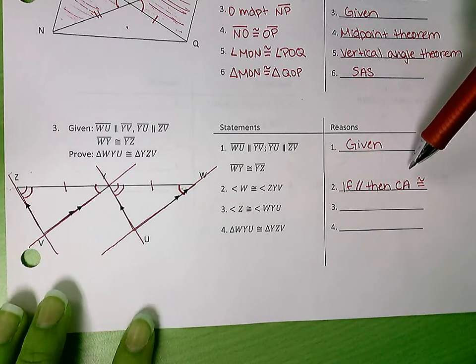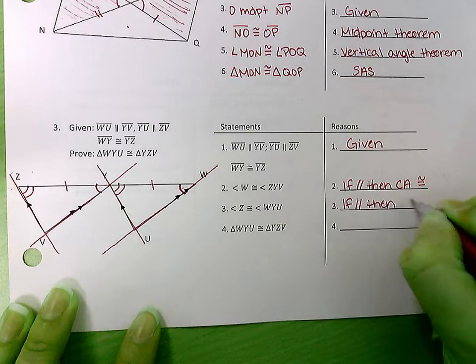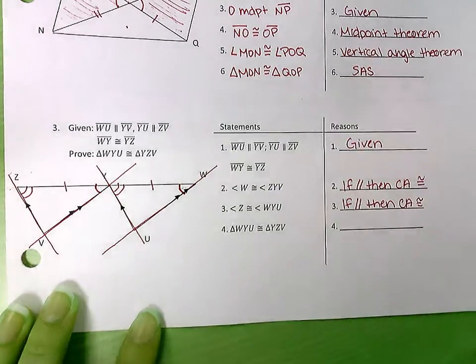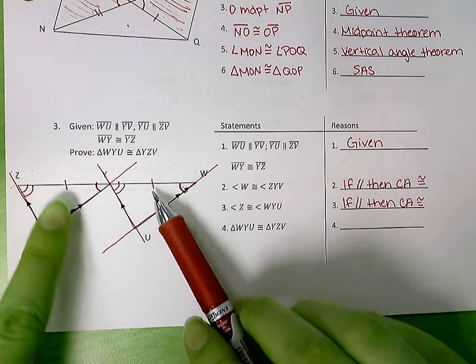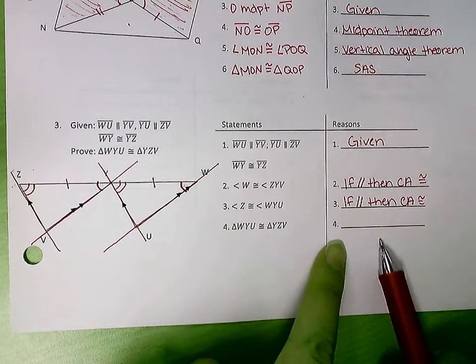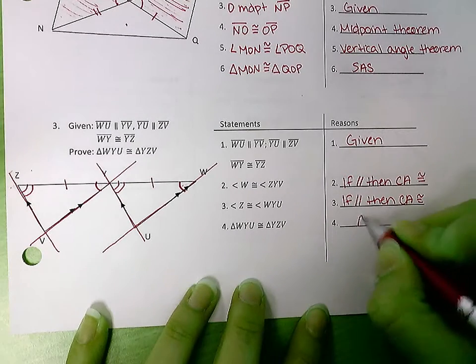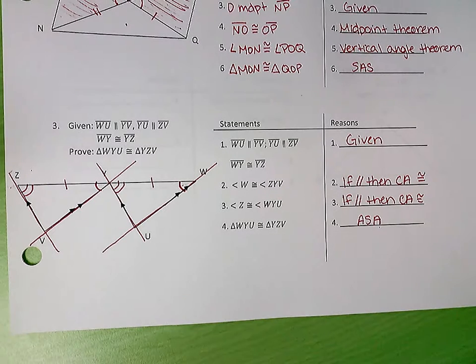Yeah, they're corresponding. So I can say if parallel, then corresponding angles are congruent. I do need to restate that because I was using a different set of parallel lines. Now I can look at my two triangles that I'm proving congruent. I have a side between two angles. So my reason would be angle side angle, because I have a side between two angles.